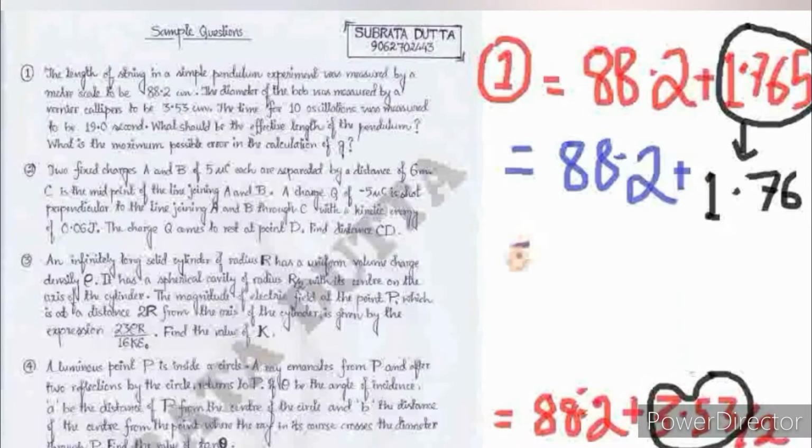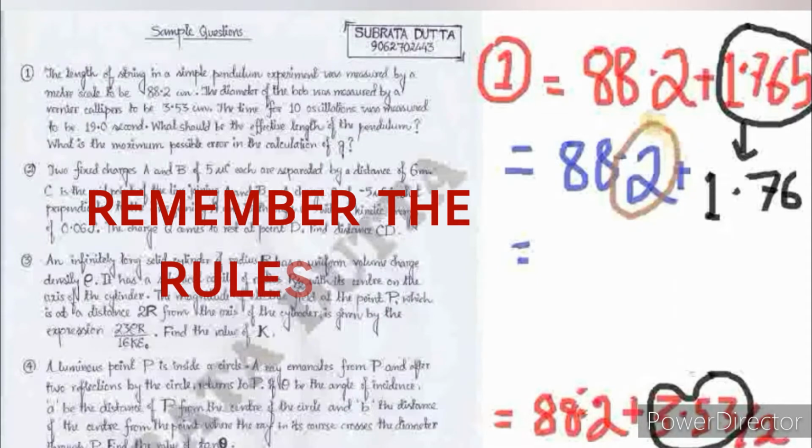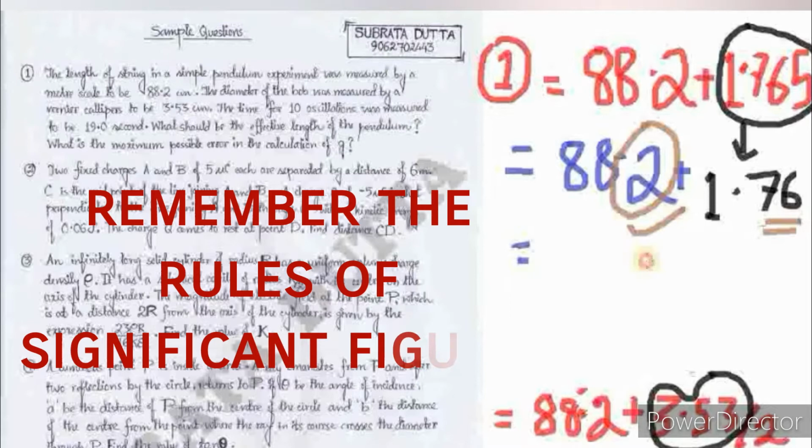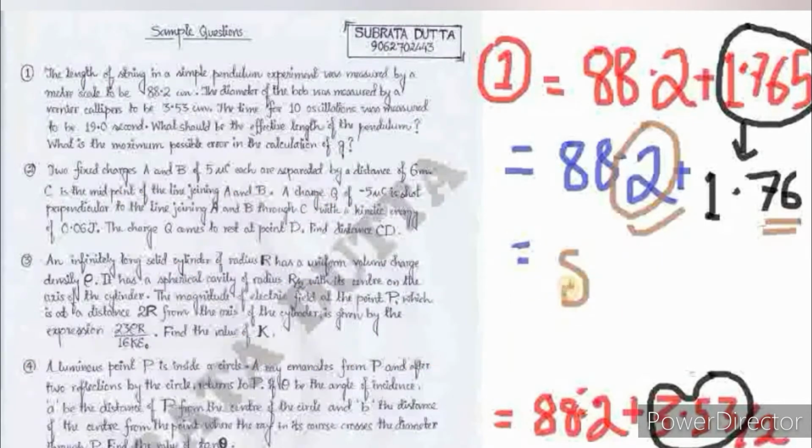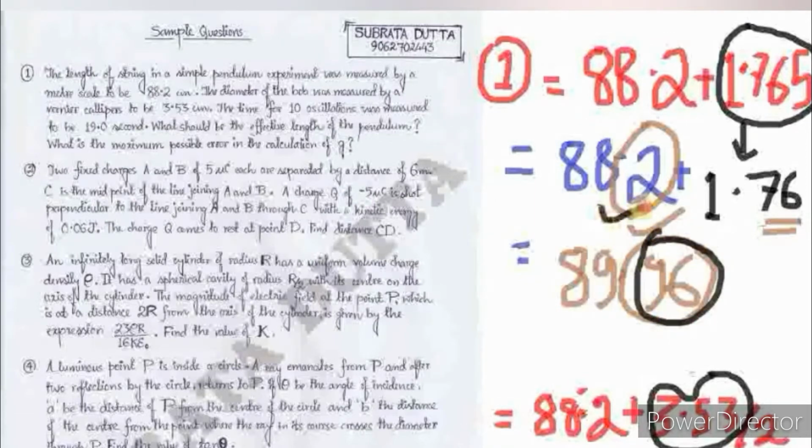And now during addition we have to maintain the significant figure rule again. That is, the result should have the minimum number of significant figures after the decimal.